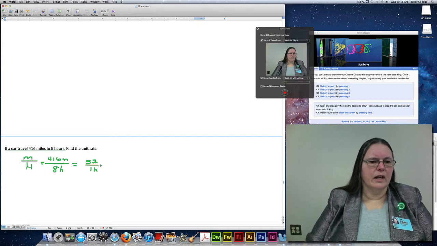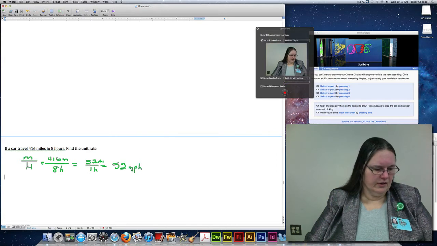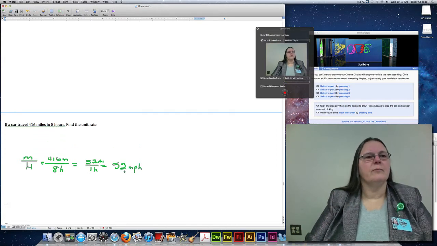That's the rate. And we know that we can write this a little differently. 52 is a whole number over that 1, but if we put the label on it, miles per hour, so write MPH, we know that the 1 is in there. So this is the formal way to write it so that the label is there. That's in its lowest terms.